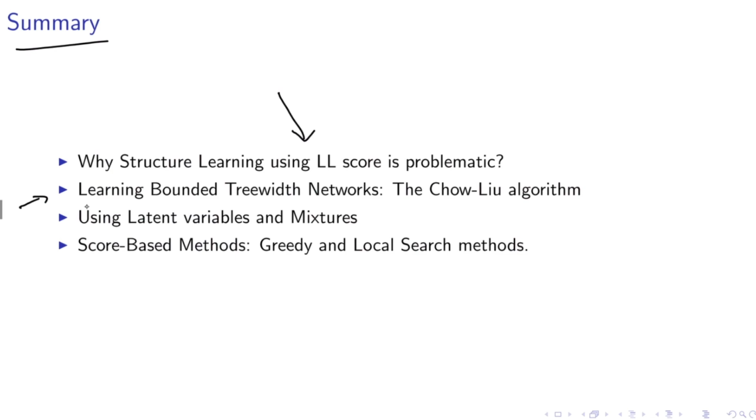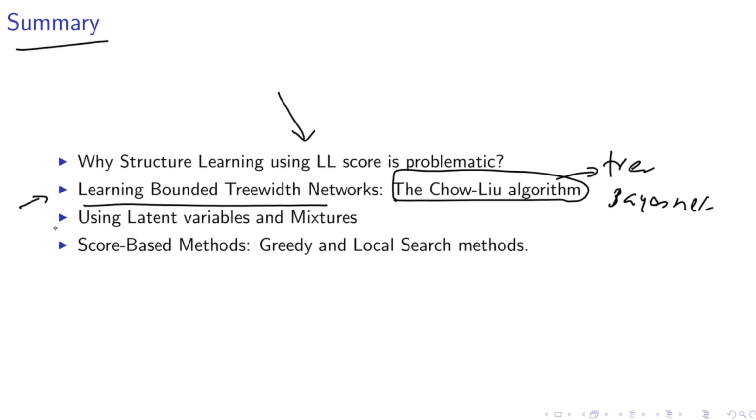The first method was learning bounded tree-width Bayesian networks. Specifically, we saw how the Chow-Liu algorithm can yield an efficient optimal solution for performing MLE learning when the underlying model is a tree Bayesian network.